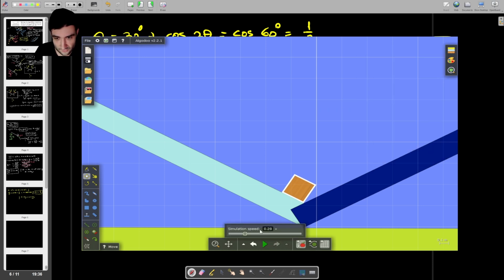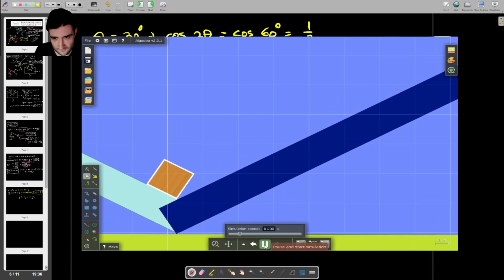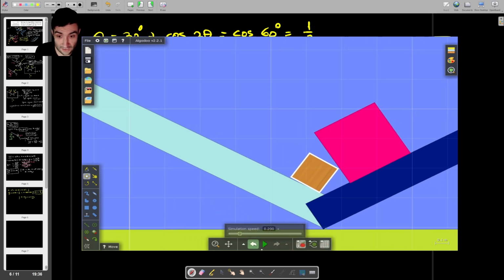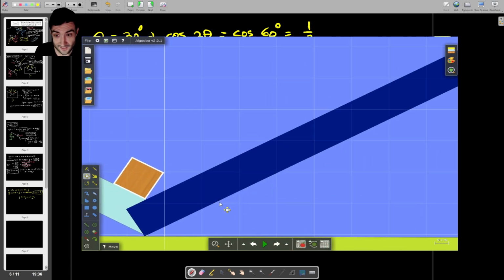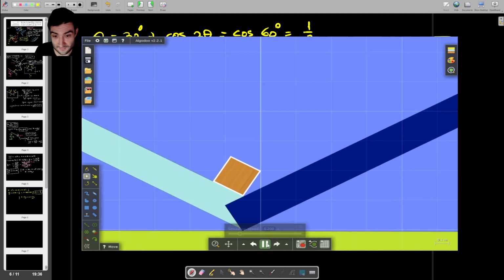And I'm gonna reduce the simulation speed. I'm gonna make it 0.2. And let's run this. As you can see, and now it's pretty clear, the small object slowly started going up the incline.